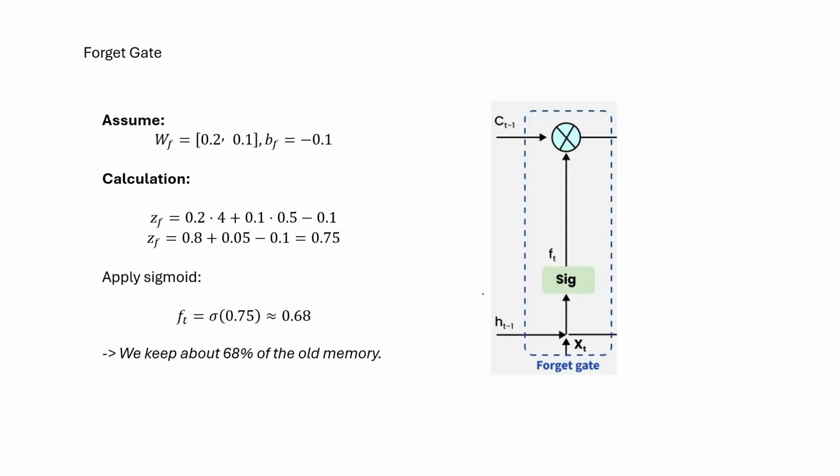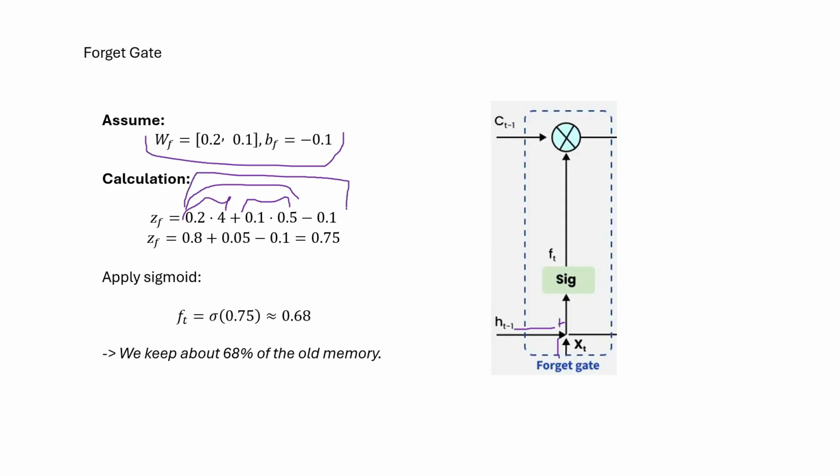Okay, let's take it step by step, starting with the forget gate. We will assume that we have these weights and this bias. So we do the calculation: input multiplied by the weight, previous hidden state multiplied by the weight, sum them together, and then add the bias. So this is the first multiplication, the second multiplication, and then we add them together.